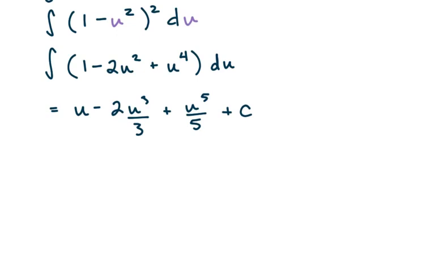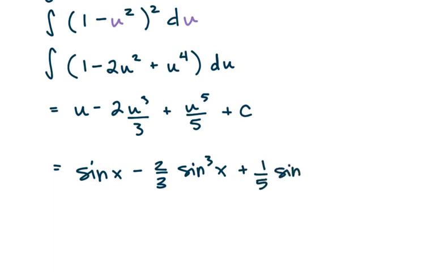So we're done integrating. Remember, u was equal to sine x, so this is the sine of x minus 2/3 sine cubed of x plus 1/5 sine to the fifth of x plus c.